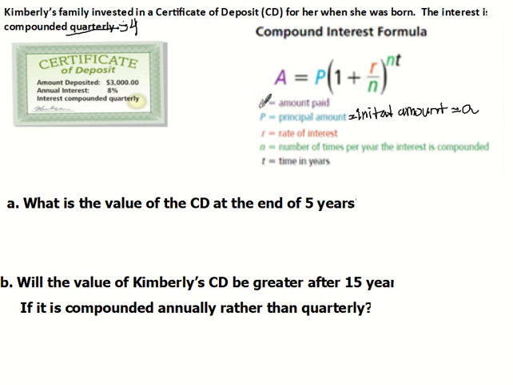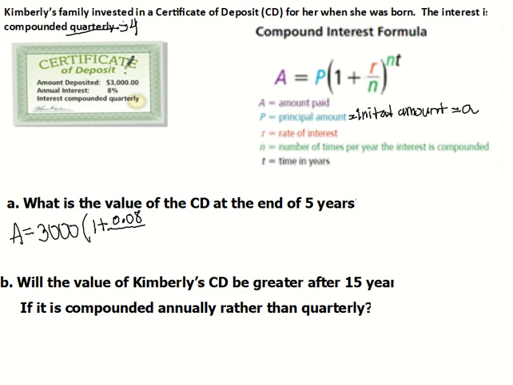So let's fill in everything we know. We're trying to find A, so that's going to stay as A. The principal amount is listed here. It says the amount deposited was $3,000. We're going to go 1 plus, the annual interest rate is 8%, so that's 0.08.